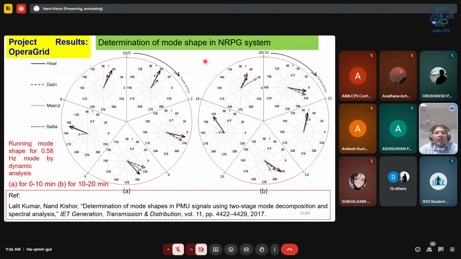Similarly, this is another one that corresponds to the mode shape of 0.58 hertz for the same 20-minute time window data. In this case, most of the generators were oriented in the same direction, but still they have changed their phase positions.